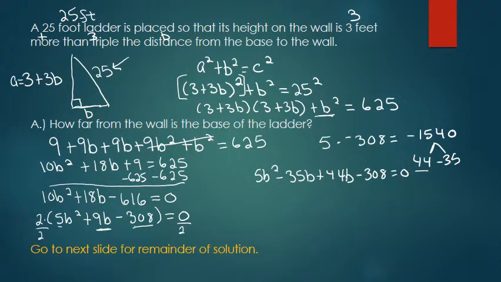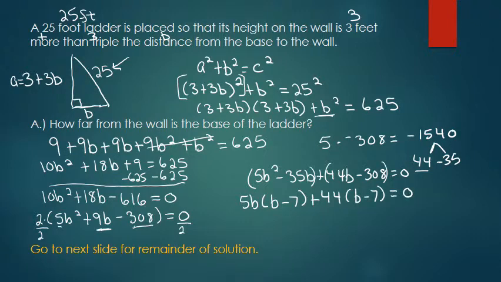Now I need to do factor by grouping. I group these two terms, and I group those two terms. I take out 5b, so b minus 7 plus, now I need a common factor of 44 and 308, and actually 44 goes into both of those. So I'm going to take out the 44, and I get b minus 7 equals 0.